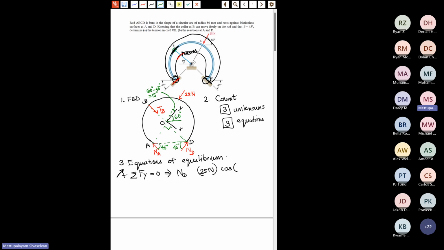So what I'm doing is cosine 15 degrees, and that's a minus, and that's equal to 0, okay? Does that make sense? So the concept is really simple, that I'm writing an equation of equilibrium that gets rid of two unknowns and gets me one directly. But computing the angles and all that is a little bit tricky business that you just have to think about a little bit more. Any questions? Does it make sense?